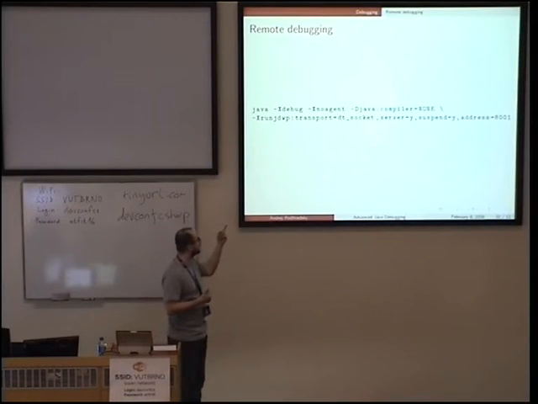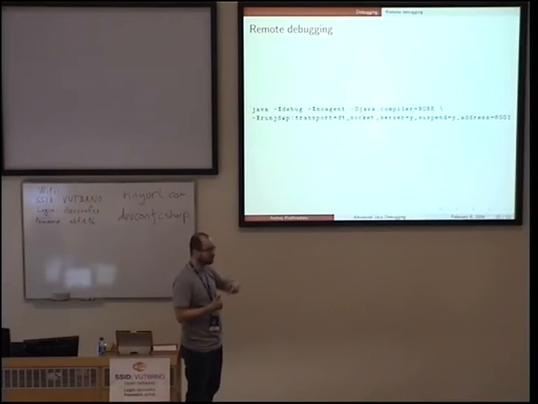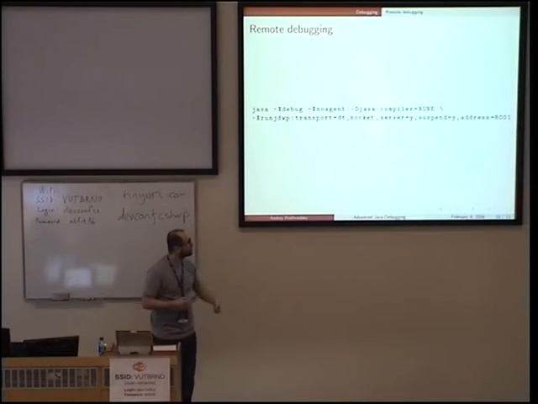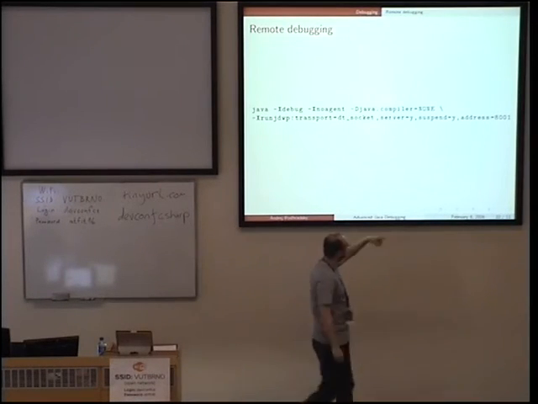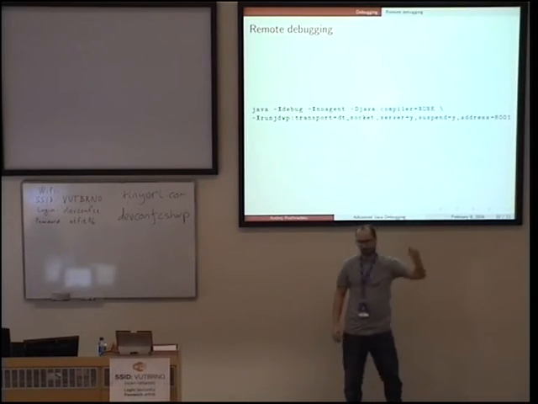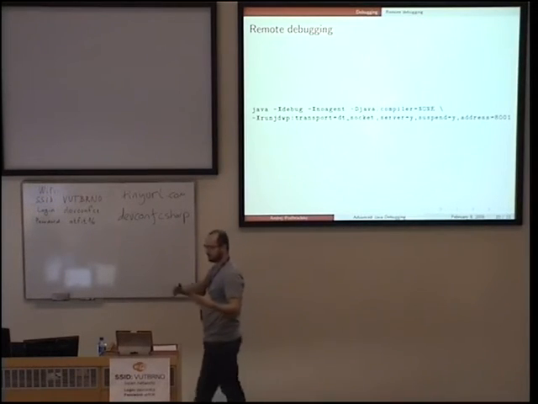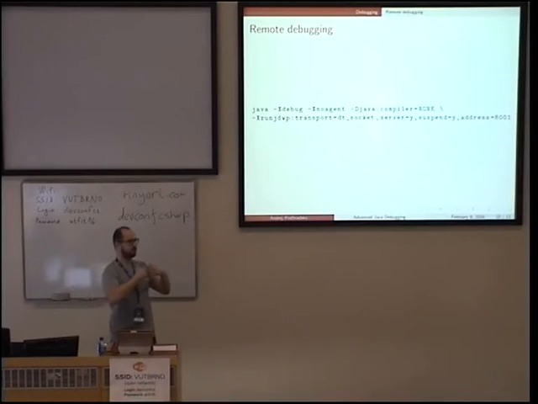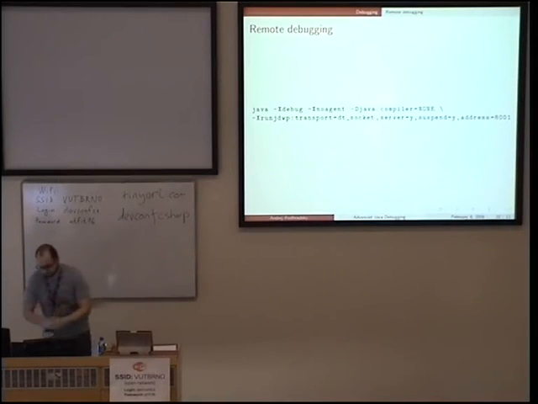Here is a magic command you have to use, and the most important thing here, you have to specify address, which means that the application is executing in debugging mode and is suspended and waits and is listening on the port you specify.